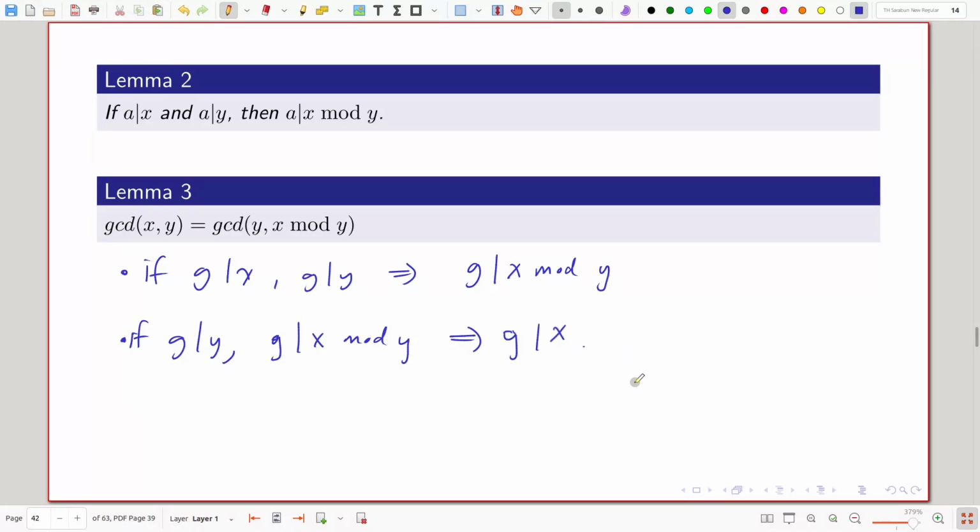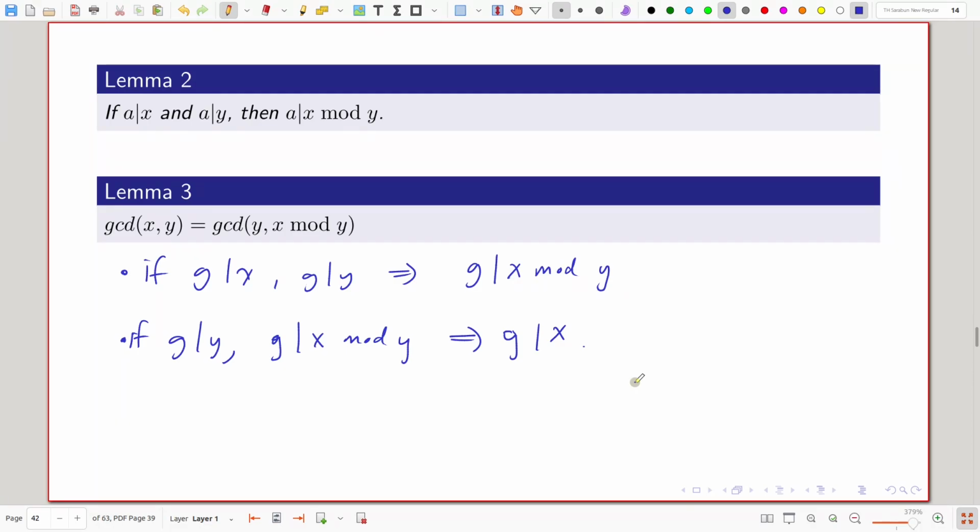So the GCD of x and y is going to be a common divisor of y and x mod y, because any number that divides x and y also divides x mod y. So the GCD of y and x mod y has to be at least the GCD of x and y, because that GCD is a common divisor of that pair.